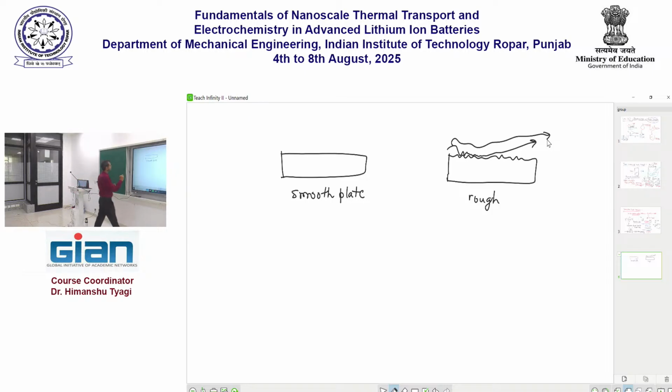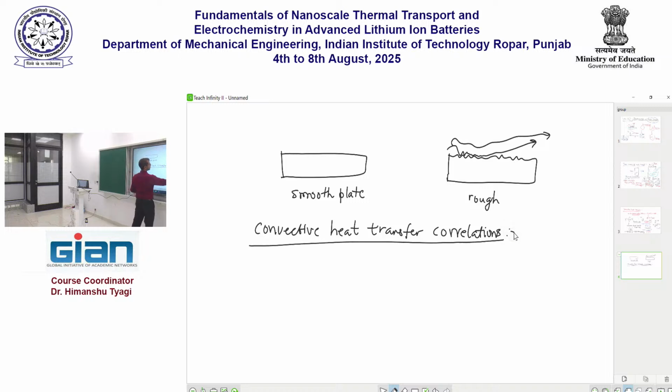So there are a bunch of convective heat transfer correlations, that are equations which create a connection between h as a function of the velocity, the properties, nu, alpha, etc., and the geometry as well.